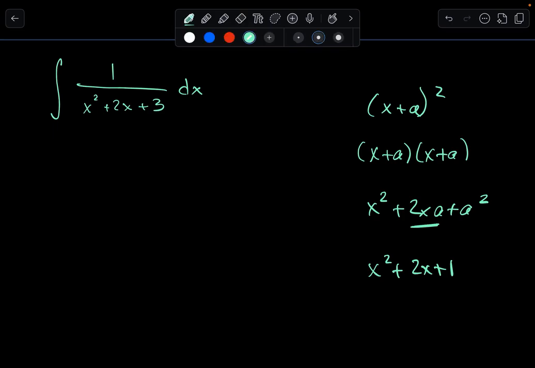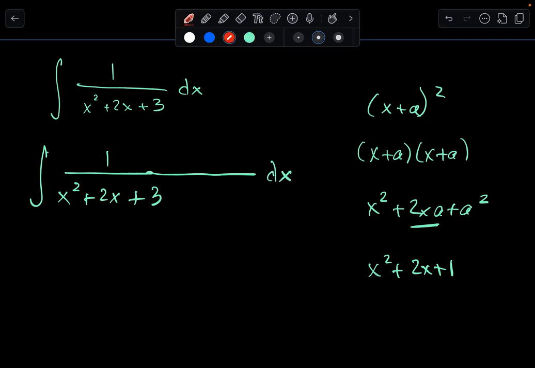So what I'm going to do is manipulate the denominator by taking half of this number and squaring it. So what is half of 2 squared? That's 1, right? And that magic number is the number that we want to see there. So what I'm going to do with that number is add and subtract it. Essentially, I've added 0, so I haven't changed the value of the integral.